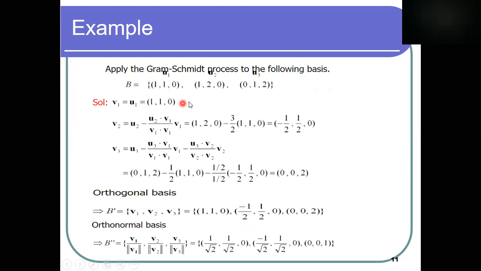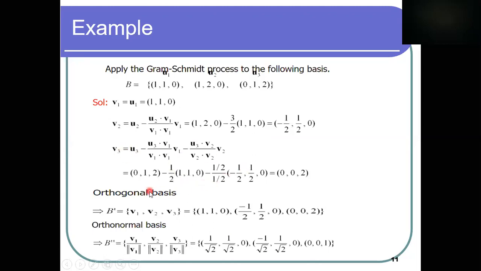Here the dot product of U2 with V1 is 3 and the dot product of V1 with V1 is 2, and then multiply this with the vector V1. In that case, you will get V2, and similarly you will get V3.